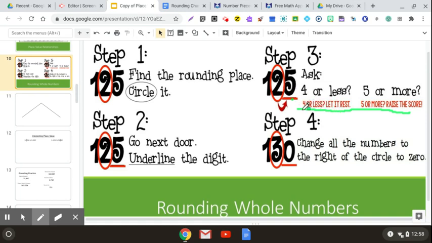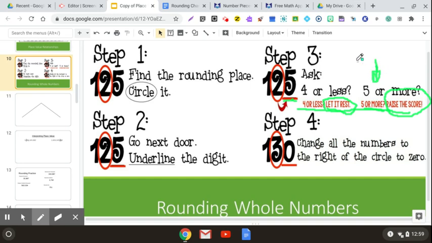If the underlined number is 4 or less, the circled number stays the same. If the underlined number is 5 or more, we raise the score on the circled number. So the 2 becomes a 3, as you can see here, because the underlined number fell into this group right here.